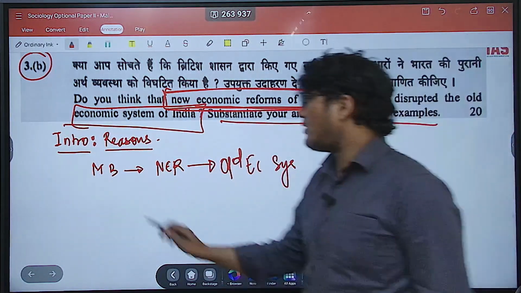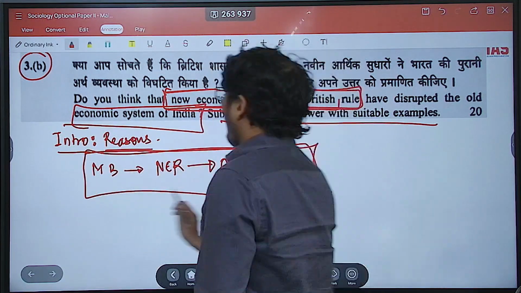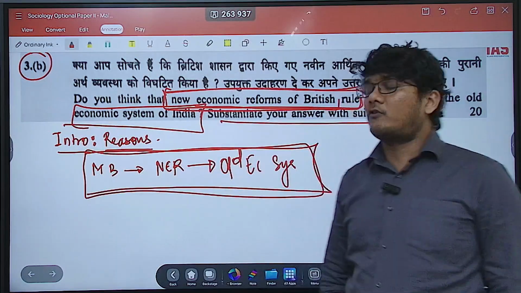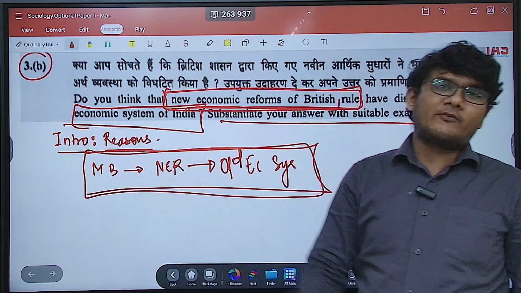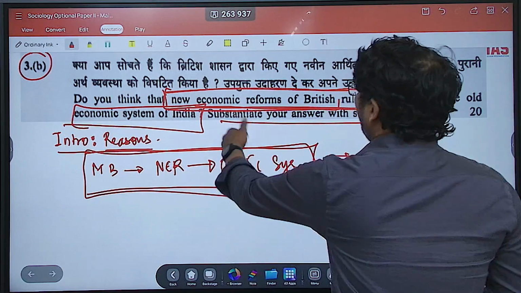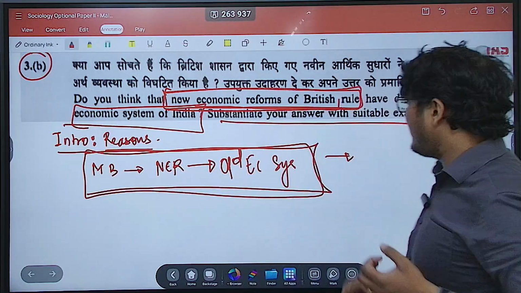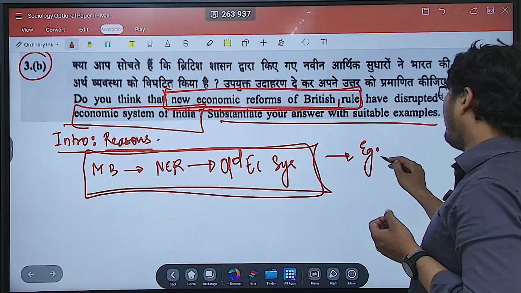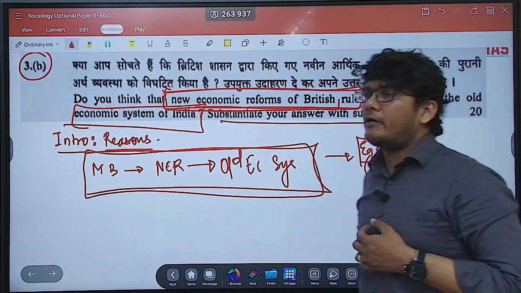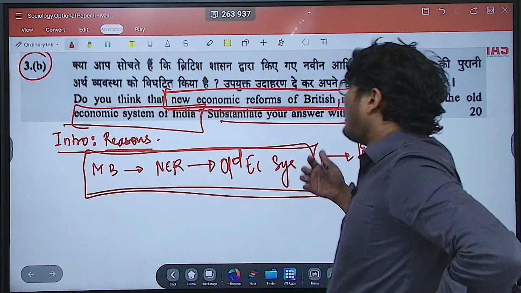So this is going to be our main body, as to how the new economic reforms had disrupted the old, and while we explain them, we are going to substantiate, that means elaborate our answers with suitable examples. So what were the new economic reforms? And what approach did they have?